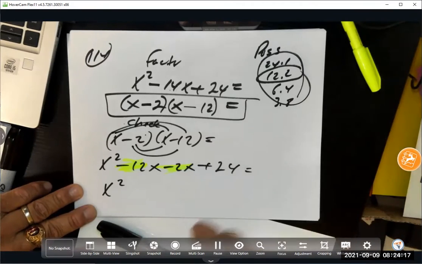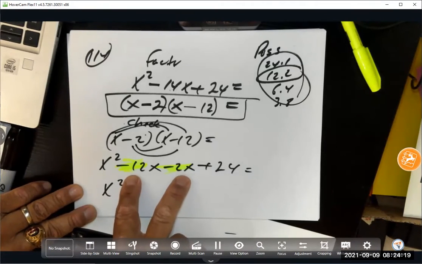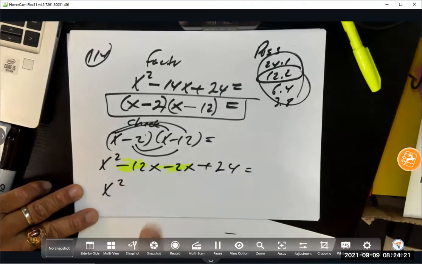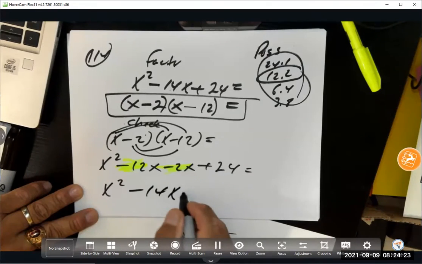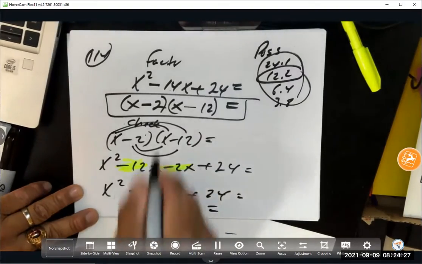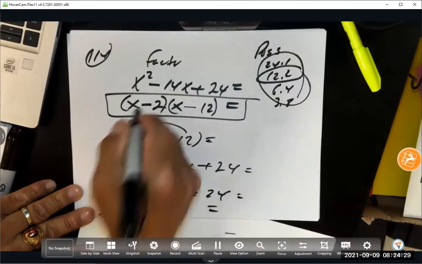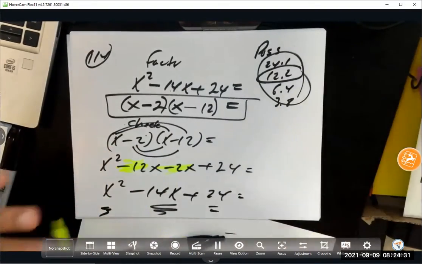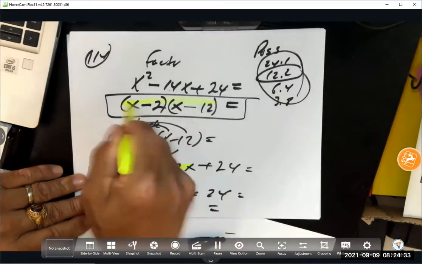What's negative 12 and negative 2 together? Negative 14. There you go. But now the question is, do they match? Yes. If they all match, then this is the right answer.